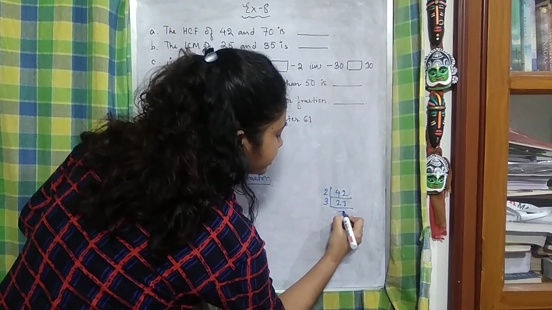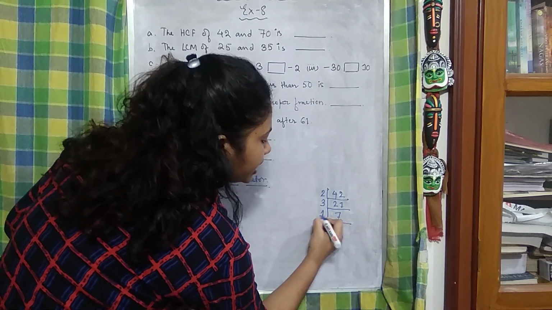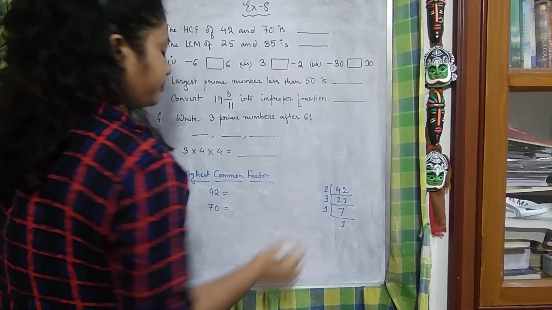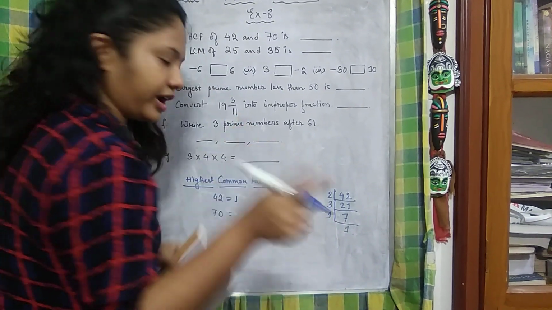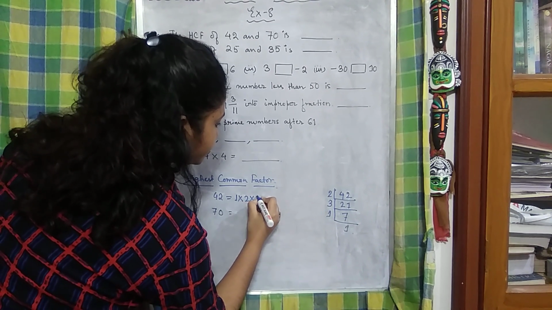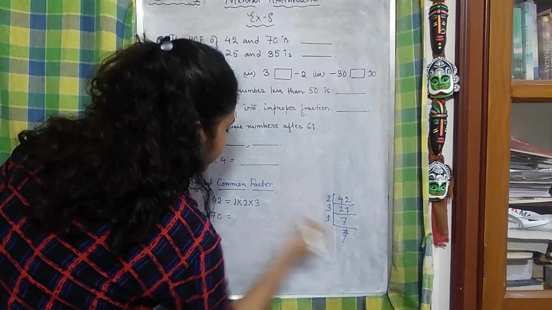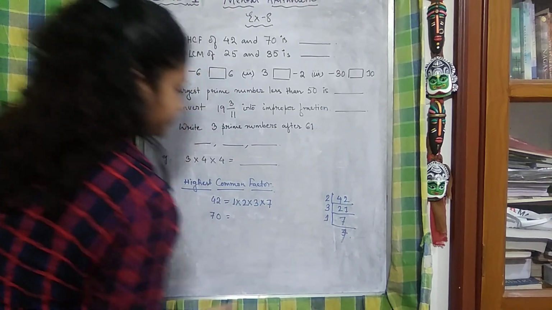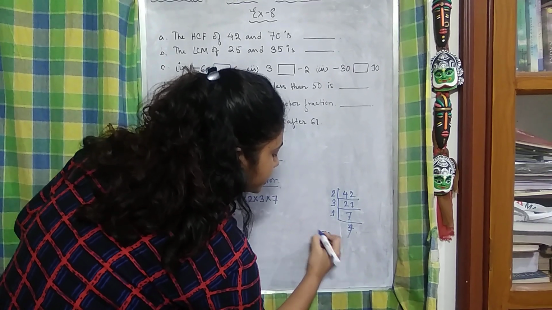So 3 7s are 21. Now 7 can be divided by only 1 because it's a prime number. So let's multiply all the factors: 1 into 2 into 3 into 7.